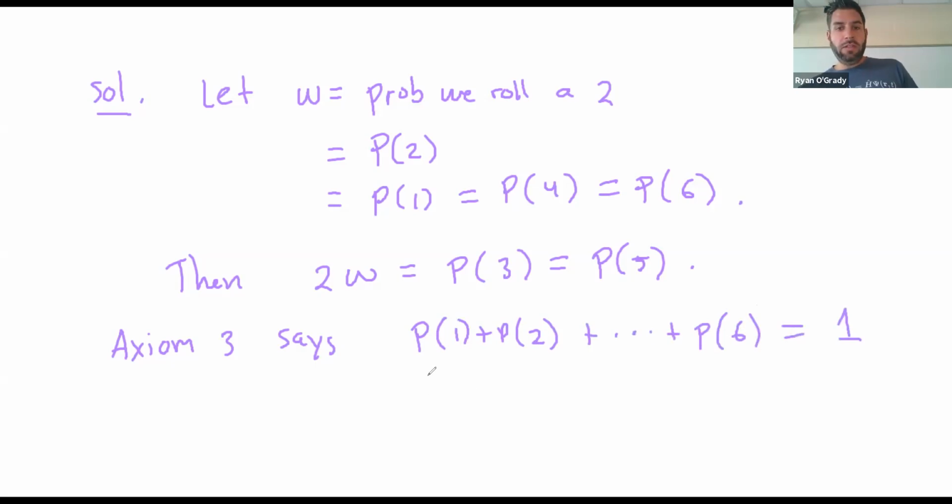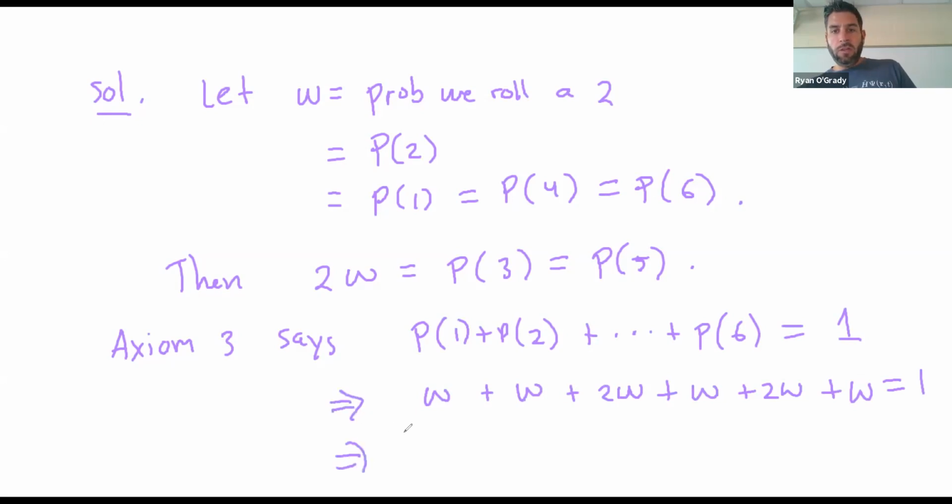And so what this tells us is that W plus W plus 2W plus W plus 2W, so that's 1, 2, 3, 4, 5, and then lastly W, that all has to equal 1. And so what we've deduced is that we have 2 and 2 is 4, 4 and 4 is 8, so we get 8W equals 1, or W equals 1/8. So we have a 1 in 8 chance of rolling a 2.